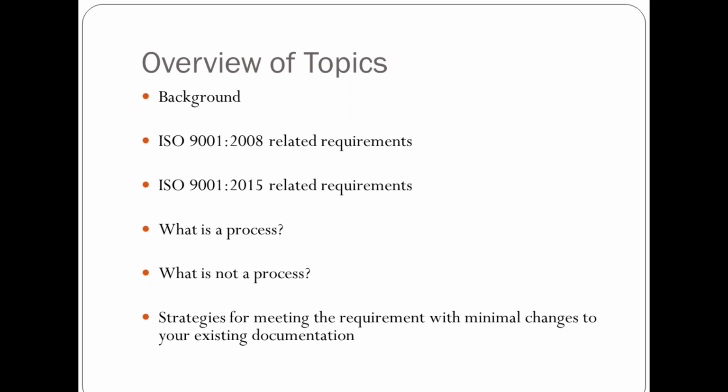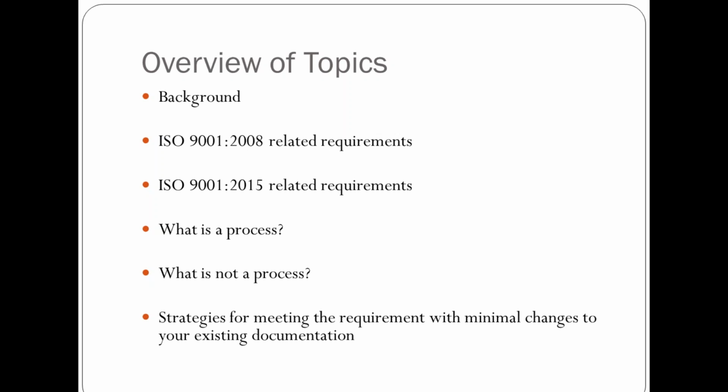Our topics for today, we're going to have some background on the requirements that relate to interaction of processes. We're going to address that from both the ISO 9001-2008 and also the ISO 9001-2015 standards.